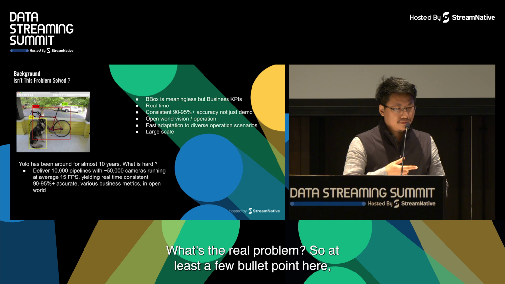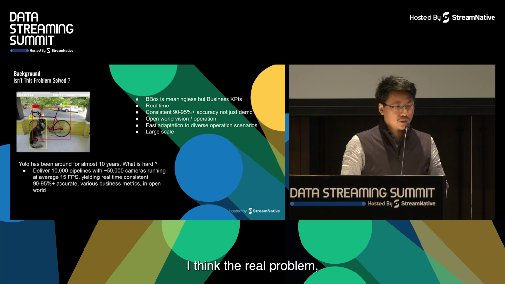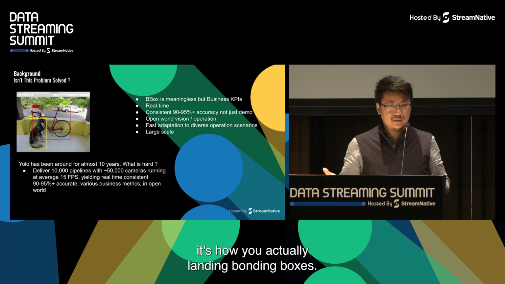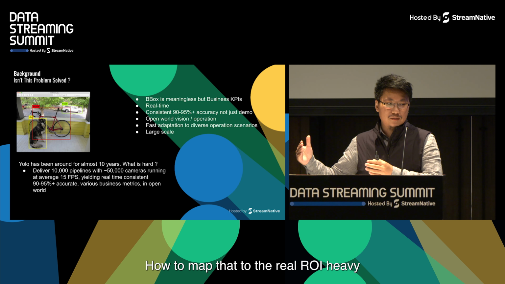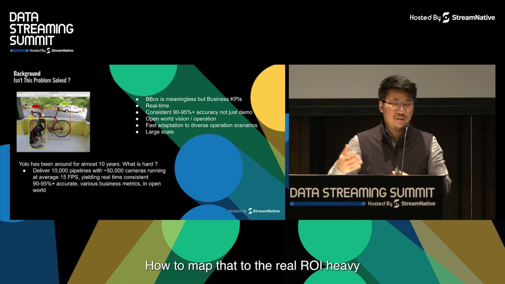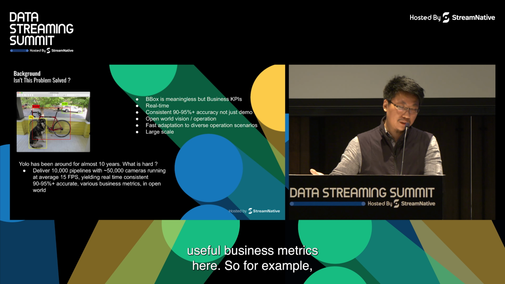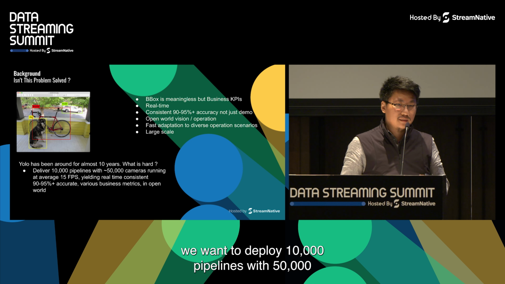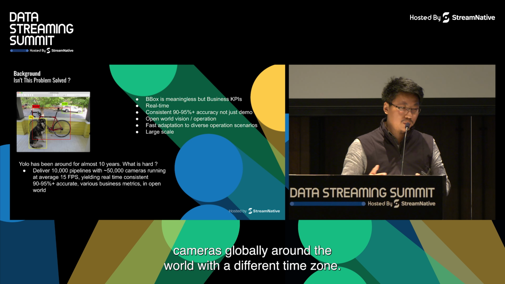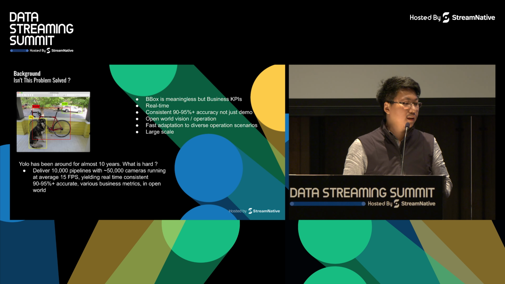I list a few bullet points here. I think the real problem is how you actually land bounding boxes, how to map them to real, ROI-heavy, useful business metrics. For example, we want to deploy 10,000 pipelines with 50,000 cameras globally around the world across different time zones.